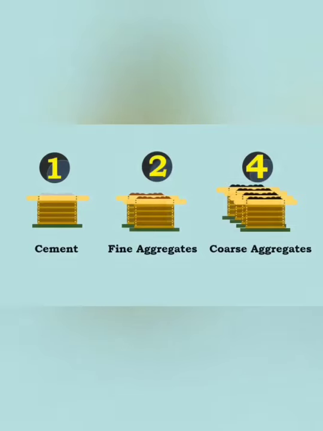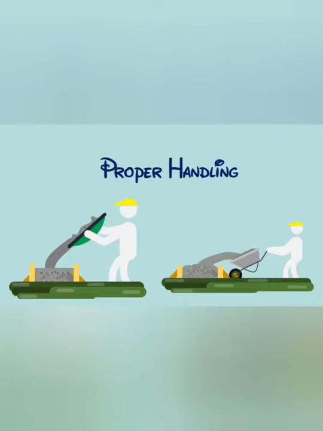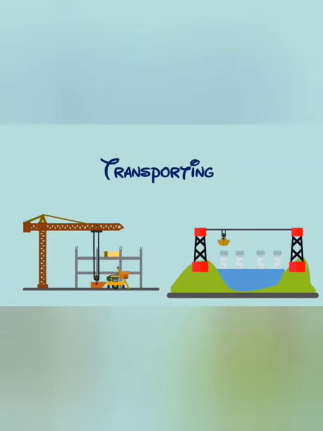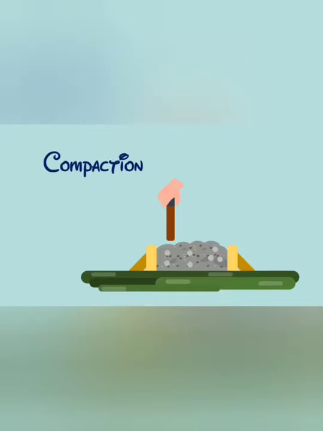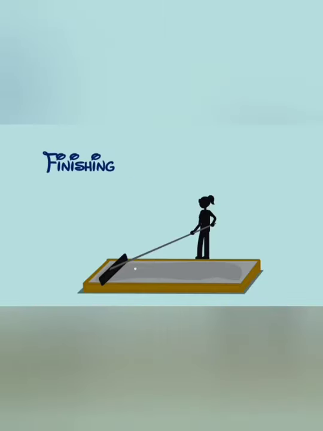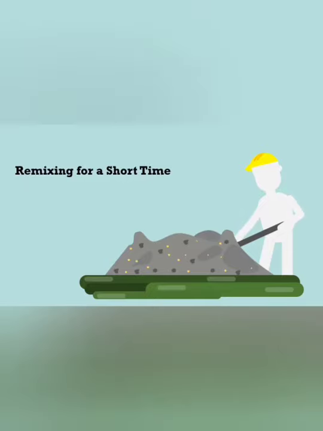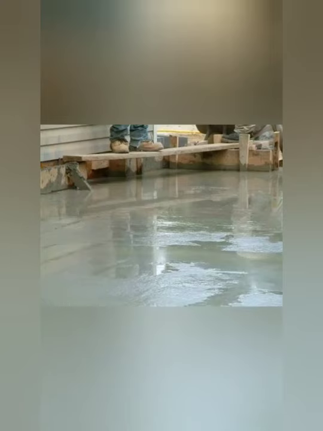Thus, the tendency for segregation can be reduced by correctly proportioning the mix, and by proper handling, transporting, placing, compacting and finishing. If segregation is observed at any stage, remixing for a short time would make the concrete homogeneous again.